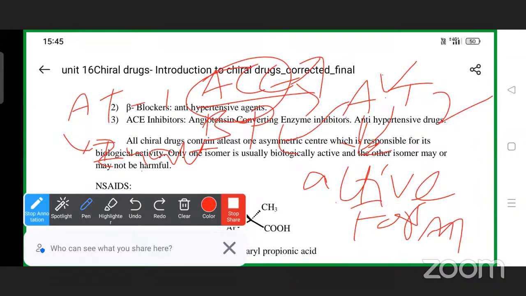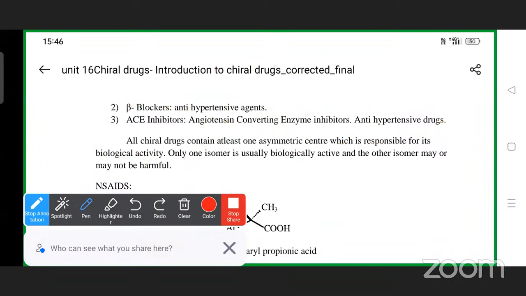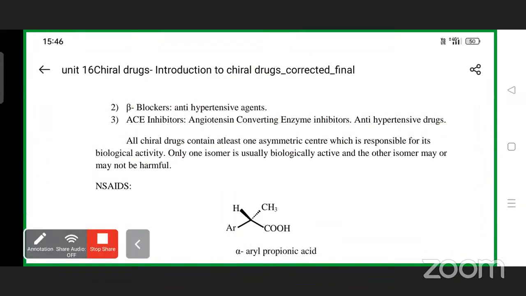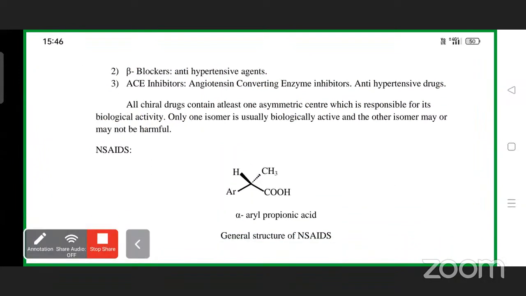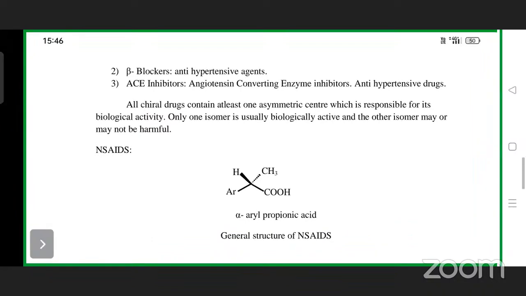So in that case, we block this ACE, angiotensin converting enzyme, with some drug molecules like captopril. This captopril will bind with the ACE and make that ACE inactive. Then the high blood pressure will be converted into normal.